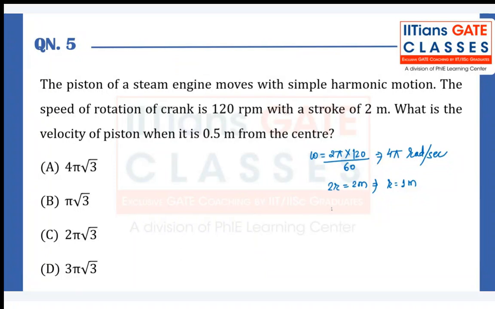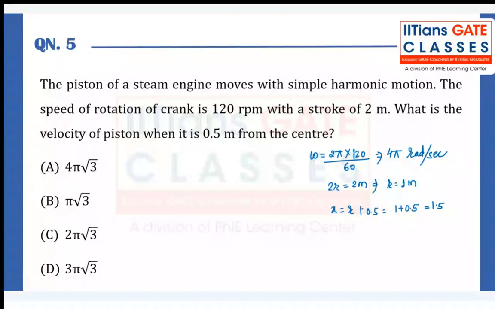So total x will be r plus 0.5, which is 1 plus 0.5. That will be 1.5. So it is like half of the stroke plus 0.5 gives you the actual position.